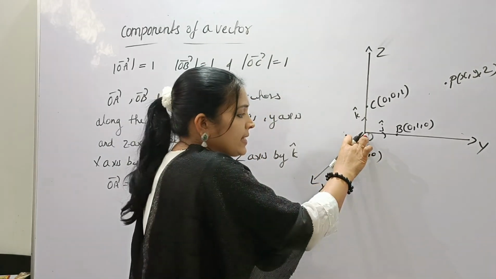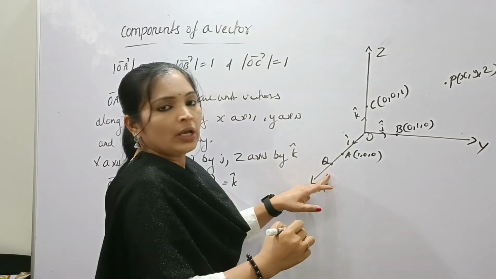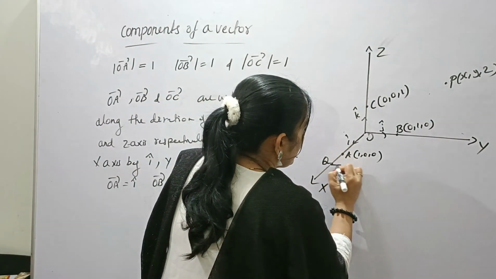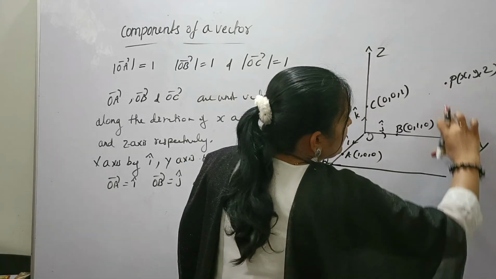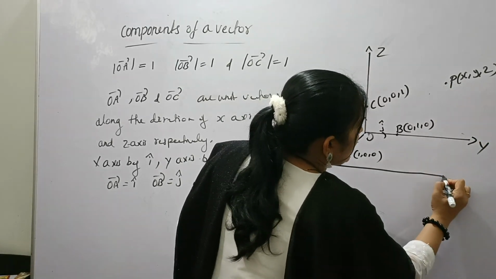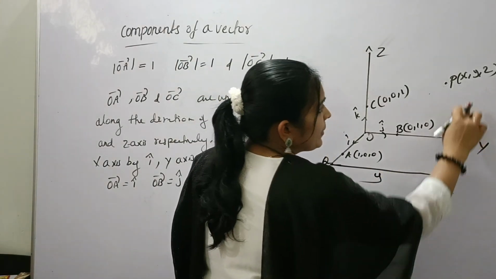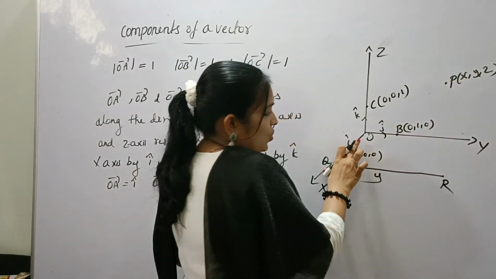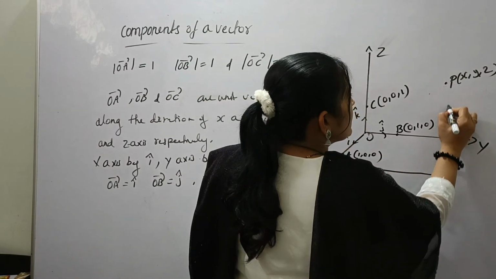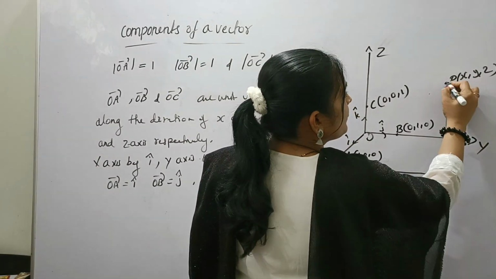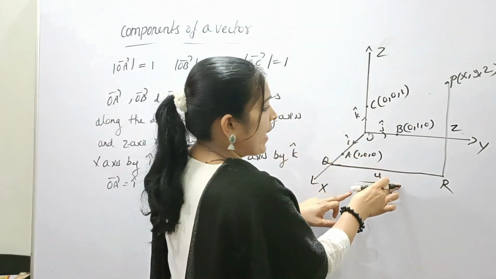From there, this distance is y, it is R, and this length is z. It is x, y and z.